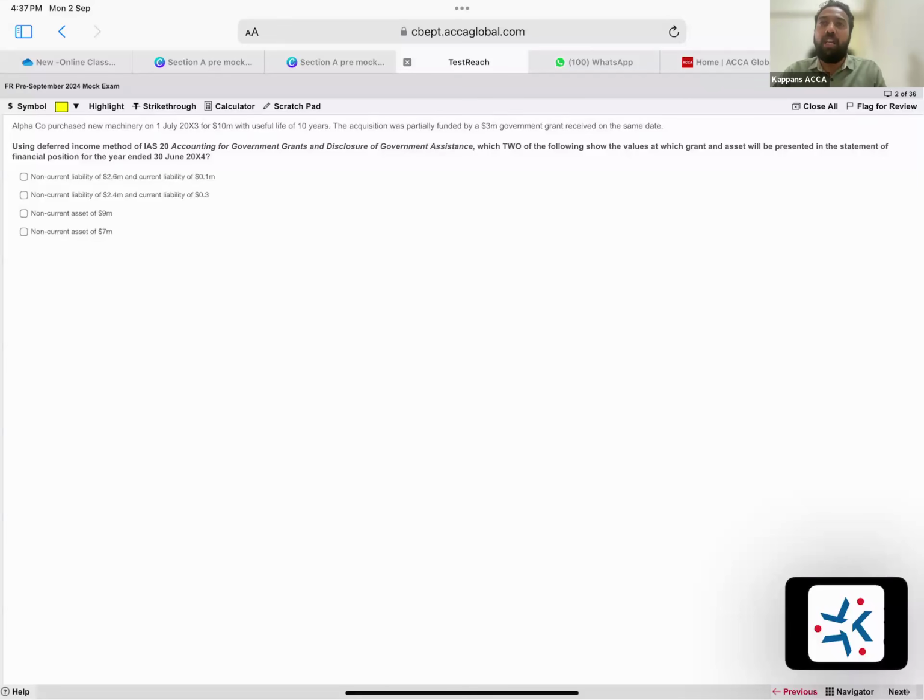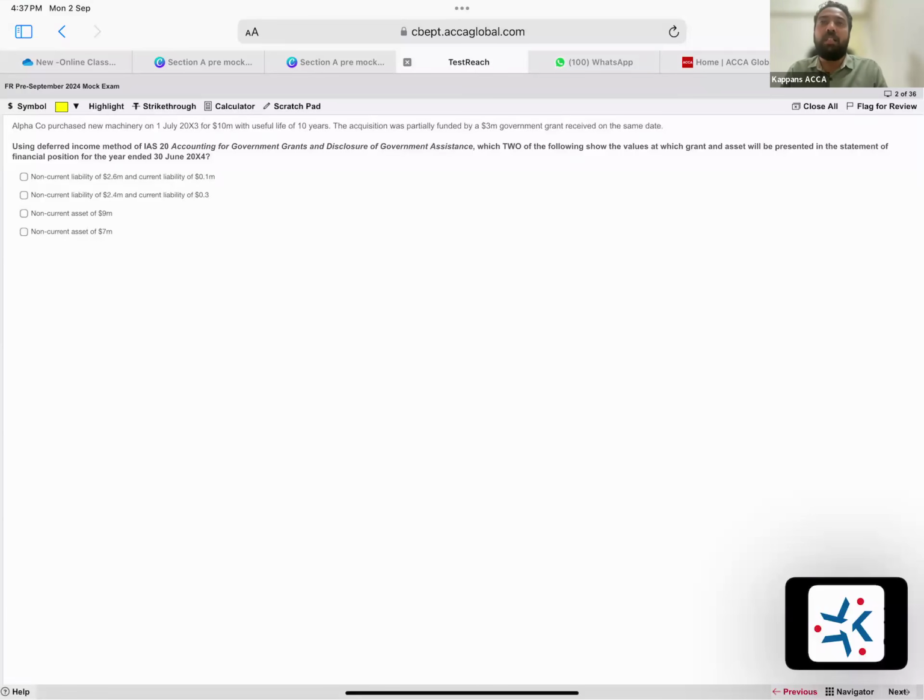Alpha company purchased a new machine on 1st July X3 for 10 million with a useful life of 10 years. The acquisition was partially funded by a 3 million government grant received on the same date.